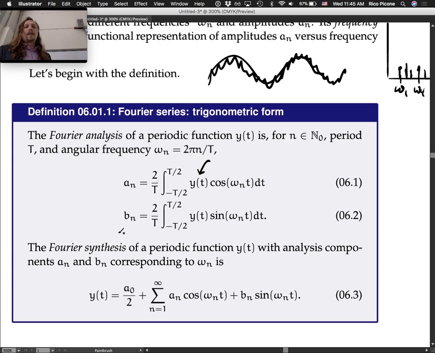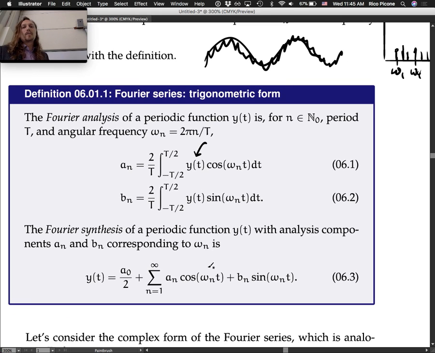Now, the Fourier synthesis of a periodic function y with analysis components a n and b n corresponding to omega n is this sum. Ignoring this constant out front for a moment, we're summing up the a n times the cosine and the b n times the sine of these omega n t terms.